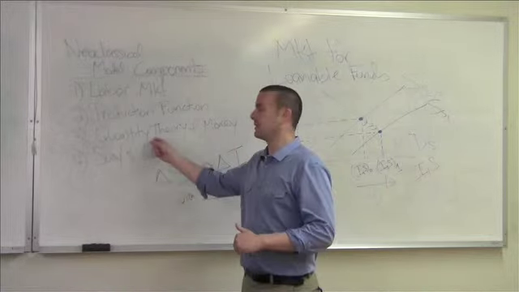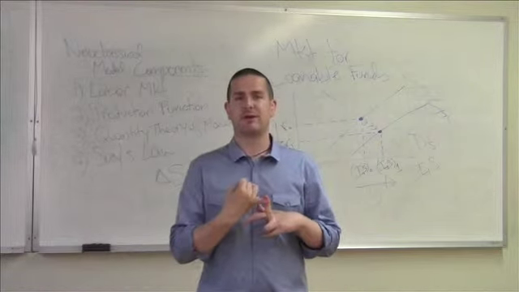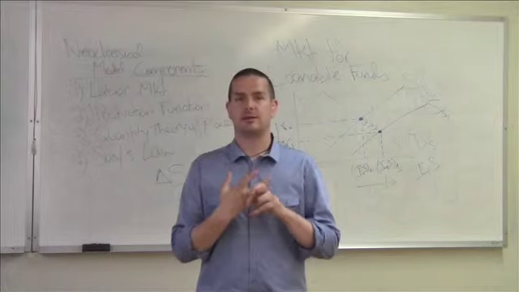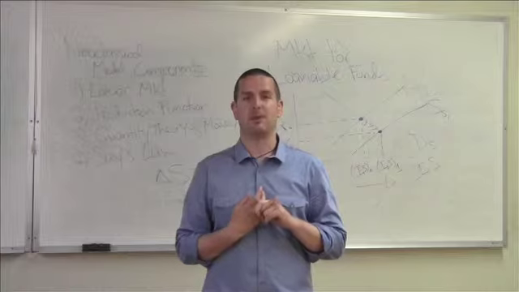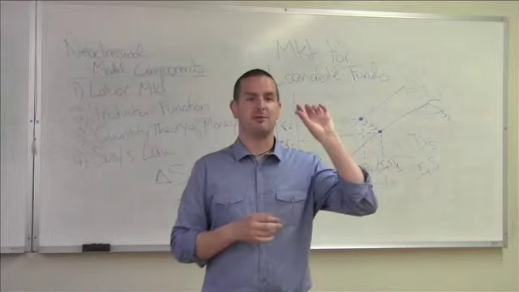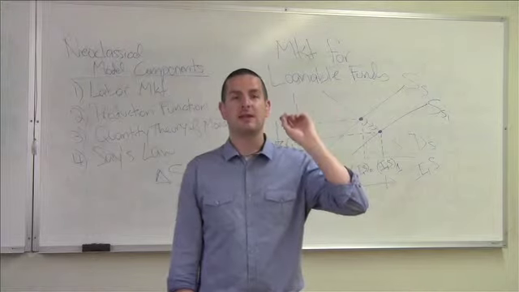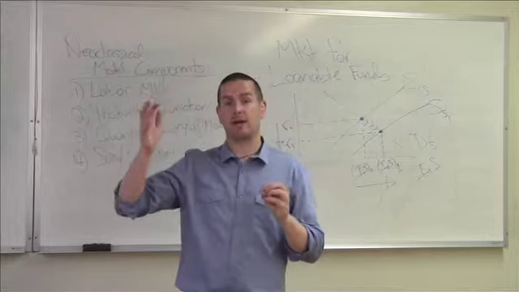In the quantity theory of money, we say that the government controls the money supply, the velocity is constant, and the level of output is the full employment level of output. So therefore, if the money supply is really expanded, that's going to cause prices to go up a lot.